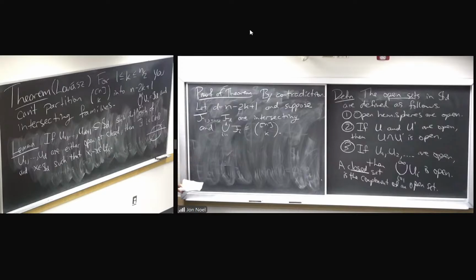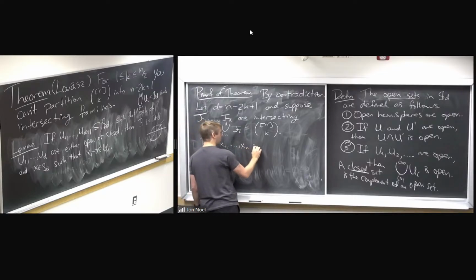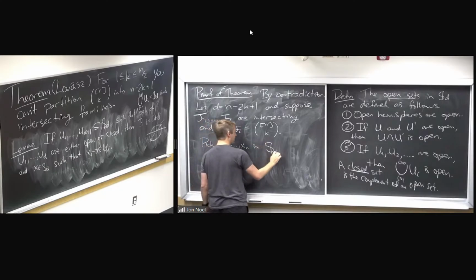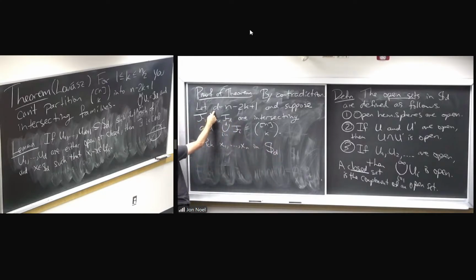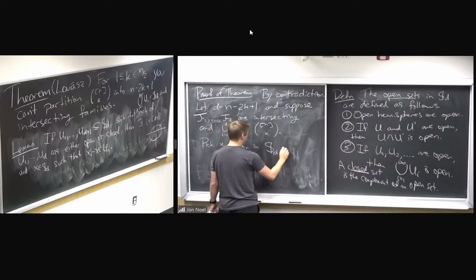I'm just going to randomly map points to the sphere and call those x1 up to xn. So pick x1 up to xn in the sphere of dimension d, randomly. We're going to at some point need to remember that d is this special number, n minus 2k plus 1.